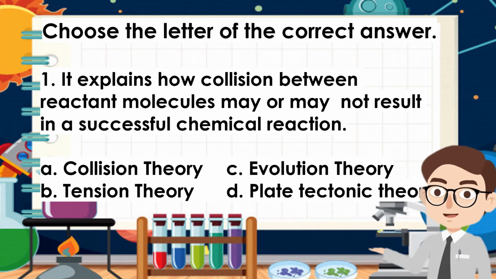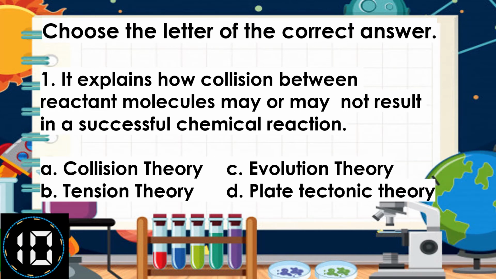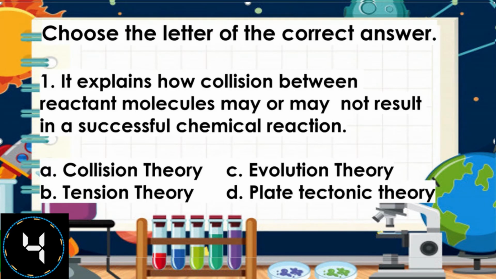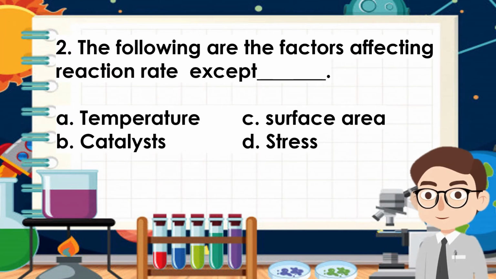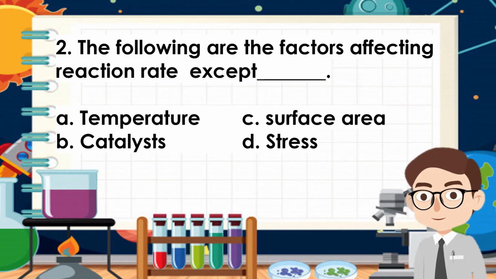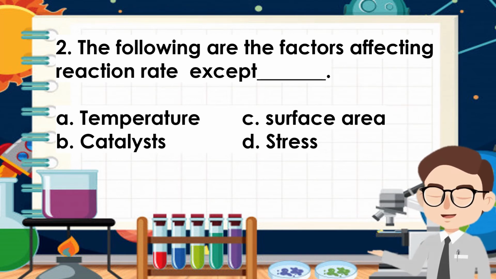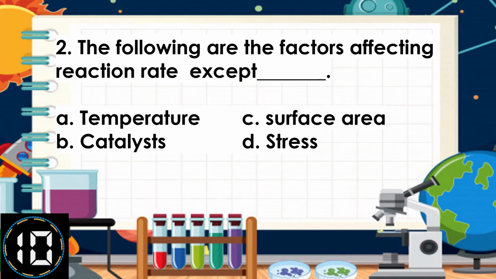And letter D, plate tectonic theory. Number 2. The following are the factors affecting reaction rate except letter A, temperature, letter B, catalyst, letter C, surface area, and letter D, stress.